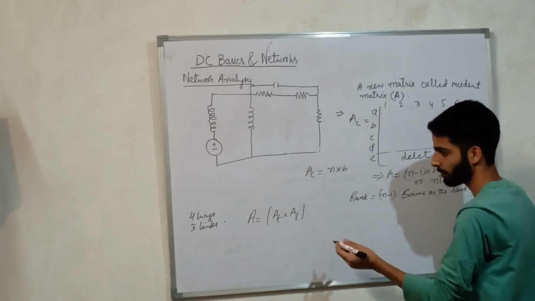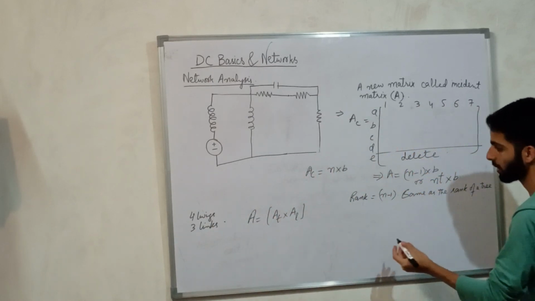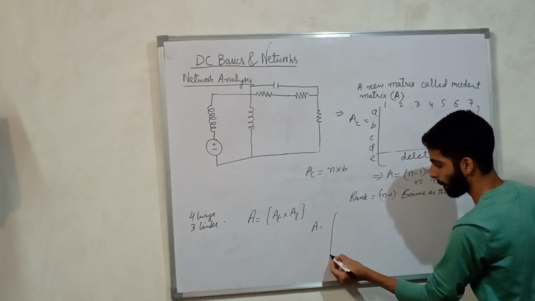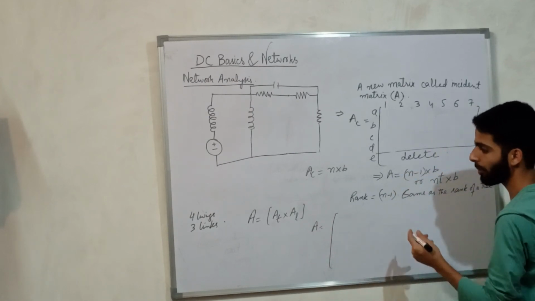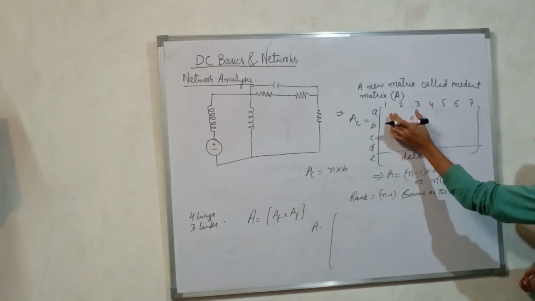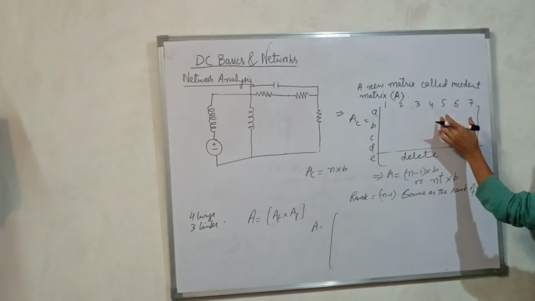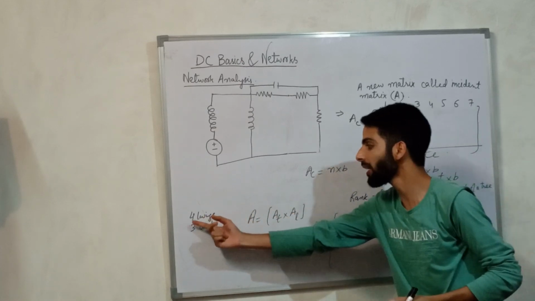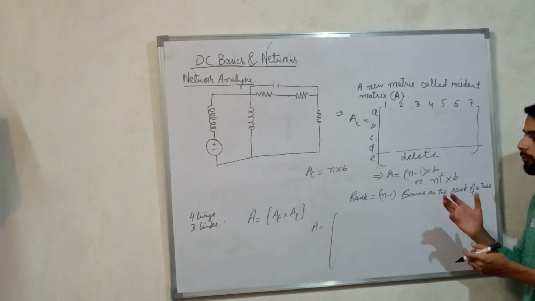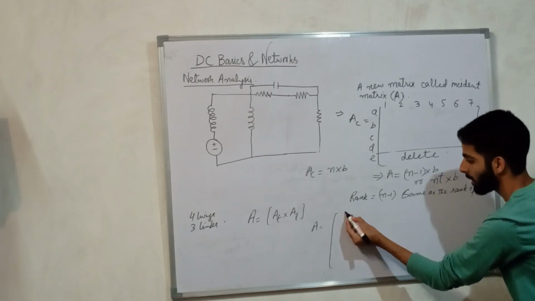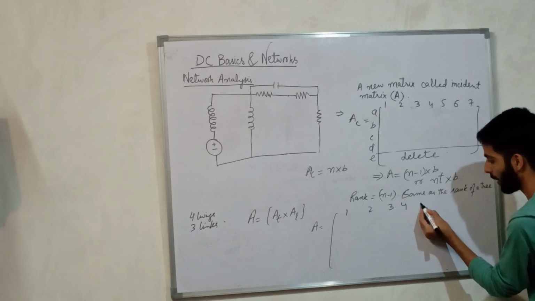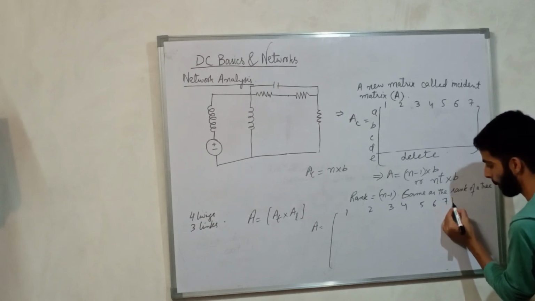So we can do it as follows. A will be, how many twigs? 4 twigs. How many columns are there? There are 7 columns. We can divide it into 4 and 3. 1, 2, 3, 4, 5, 6, and 7.